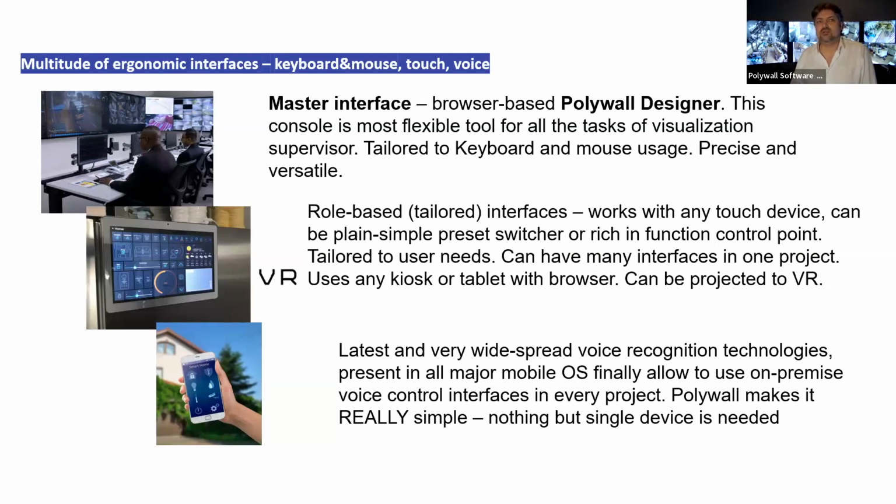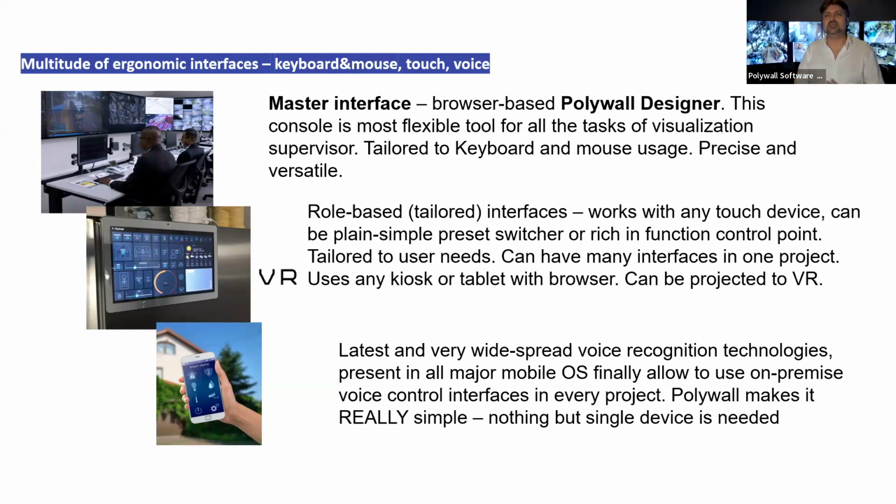We call this kind of interface role-based or tailored interfaces. And why? Because you tailor it to the actual role of the person. So that's the most impressive and advanced way you can do user rights management. You give your users exactly the rights they are allowed to have.